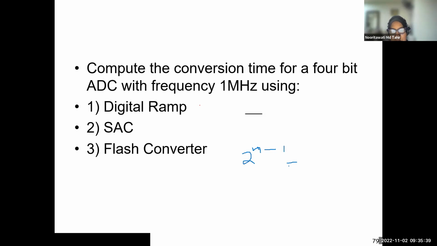So kalau 4 bits dia akan proses tu sebanyak 15 times. Kalau digital RAM. Kalau SAC 4 bits dia akan test the bits 4 kali. Dan flash converter 1 go. So T conversion time, okay. Conversion time.